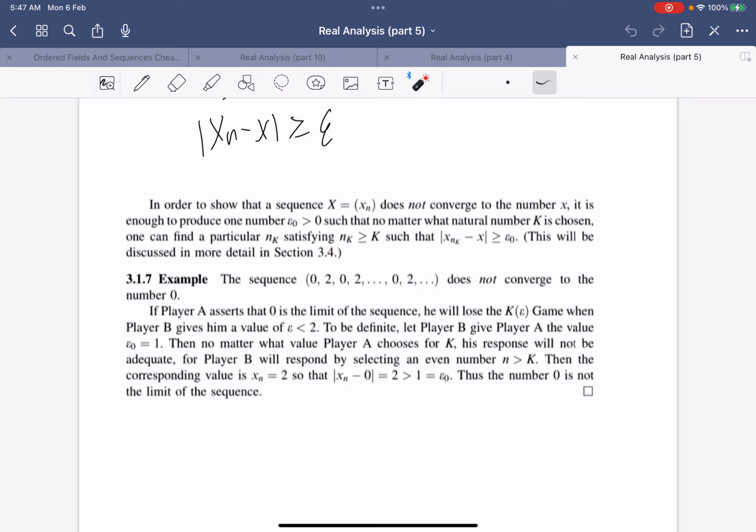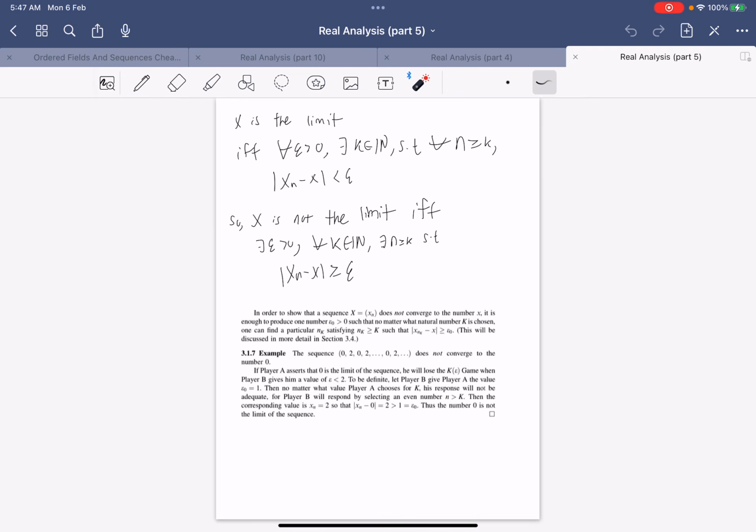We want to show that it does not converge to 0. Well, we give it the epsilon value equal to 1. Then no matter what cutoff you choose, you can always choose a larger n that is an even number, such that xn equals 2. And so xn minus 0 equals 2, which is greater than 1. And so the inequality doesn't hold for the definition of the limit, and so 0 is not a limit.